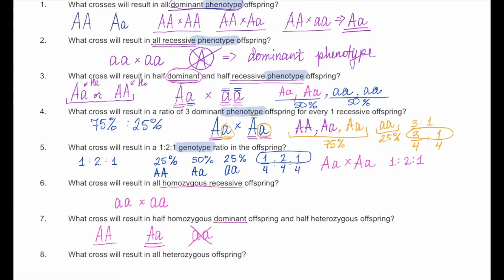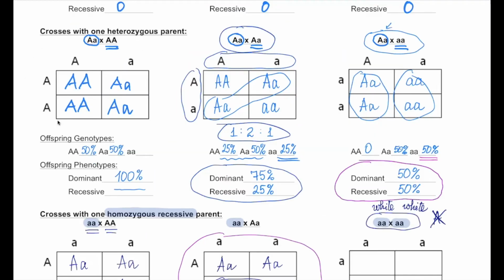I need to have probably something like that. And maybe this, that would give me 1 and 2. And then this times this, and then that times that. So there you go. A heterozygous, right there, and then a homozygous dominant. They will give me half homozygous dominant and half heterozygous. That's the only possibility. One parent has to be homozygous dominant and the other one should be heterozygous.